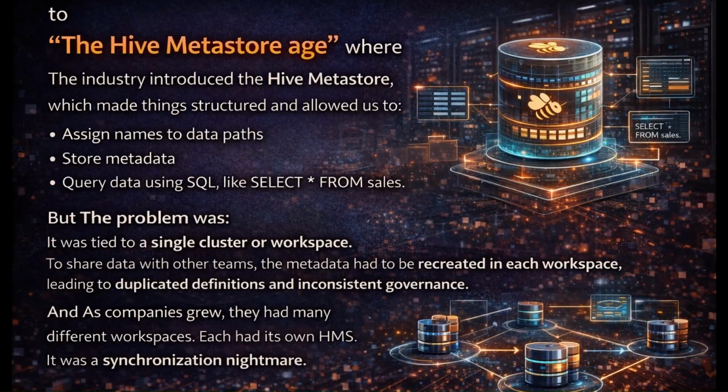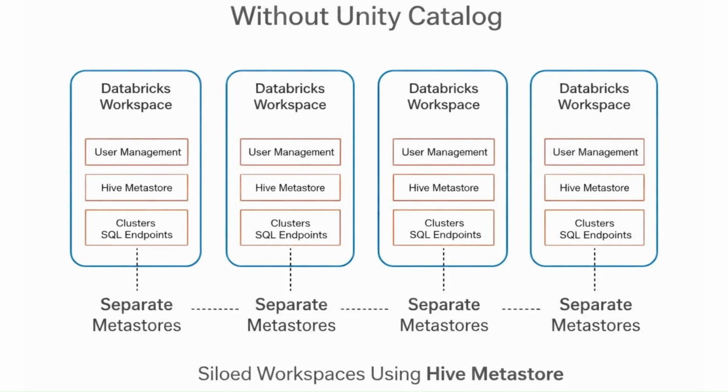But the problem was, it was tied to a single cluster or workspace. To share data with other teams, the metadata had to be recreated in each workspace, which led to duplication of data, duplicated definitions, and inconsistent governance.